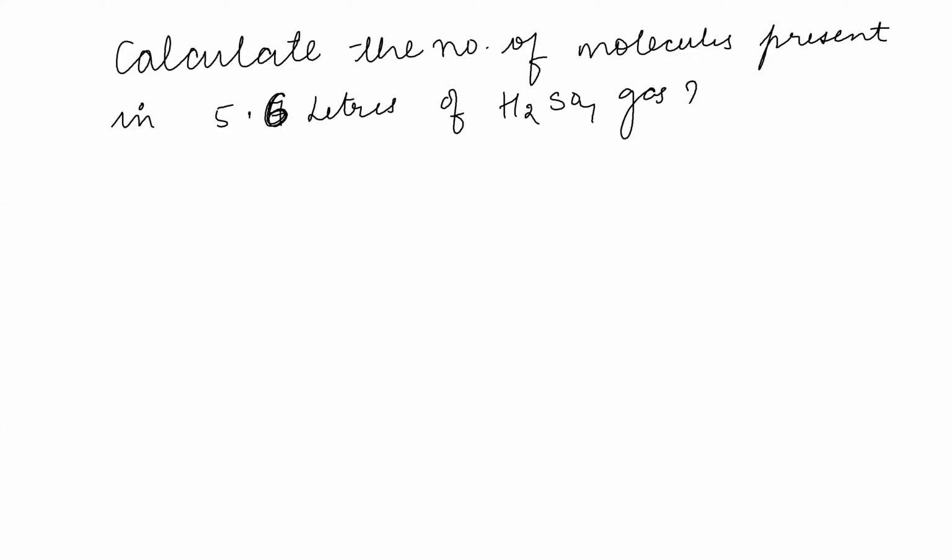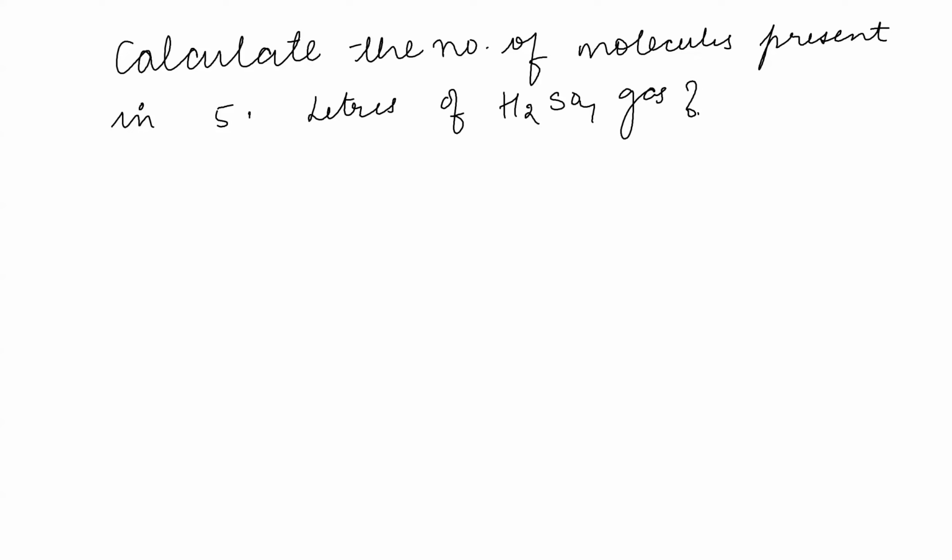Let's say I'm mentioning it as a gas. When you mention that it is a gas, what does that mean? Tell me. When it is 5.6 liters of a gas, what does that mean?